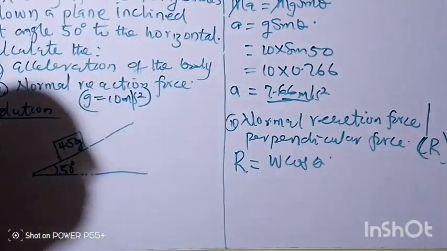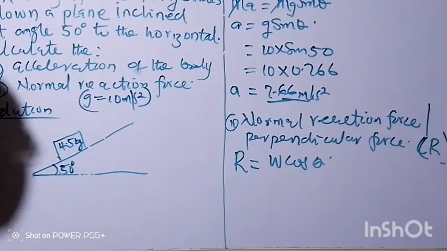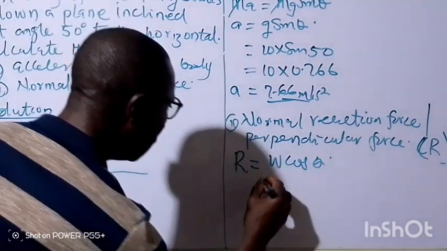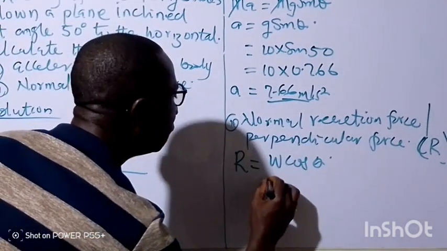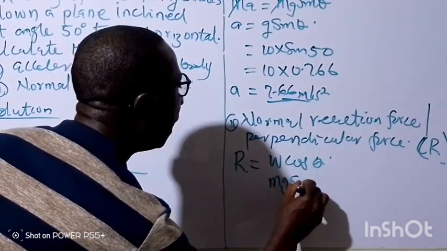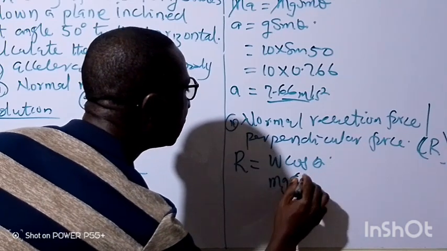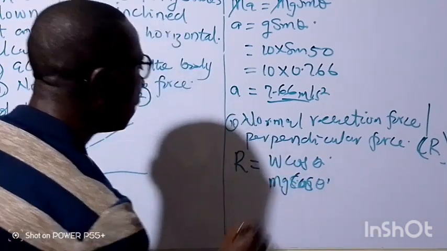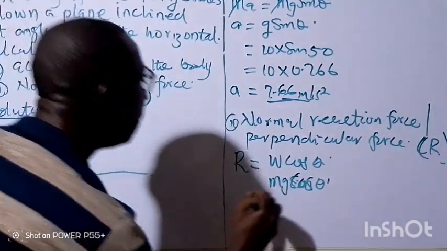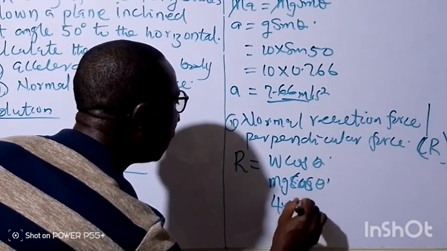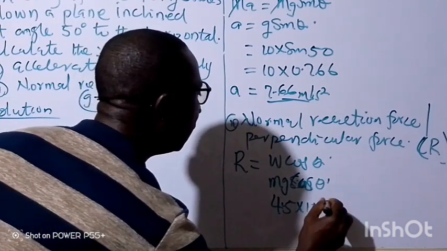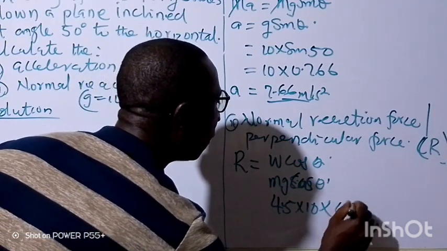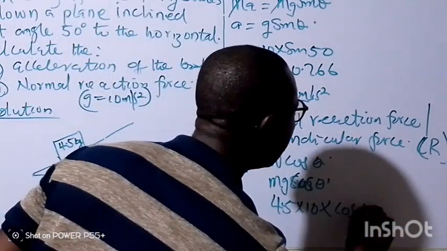All these formulas have been derived in our last lesson. So W, as I said, is equal to mg cos theta. Therefore, m is given as 4.5. That is 4.5 multiplied by 10 multiplied by cos 50.